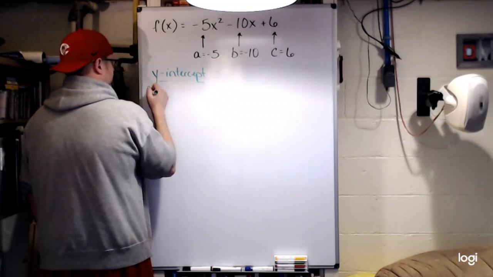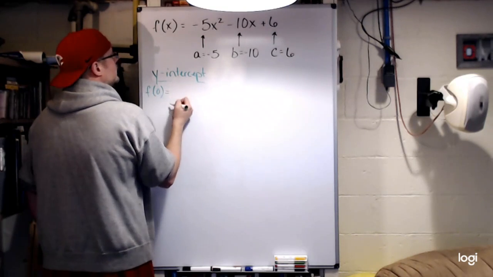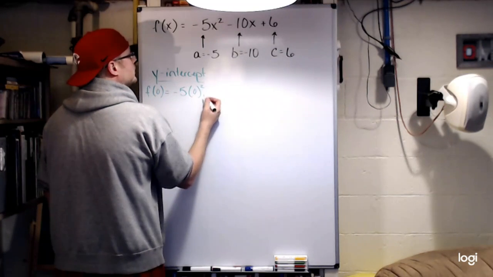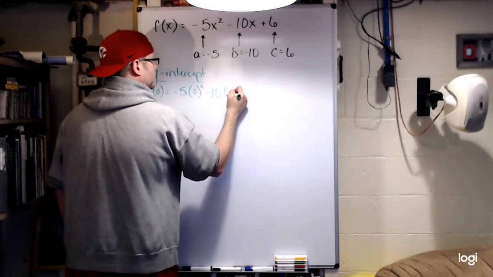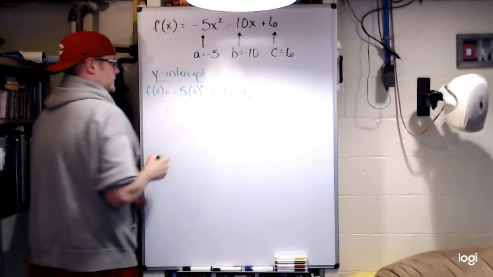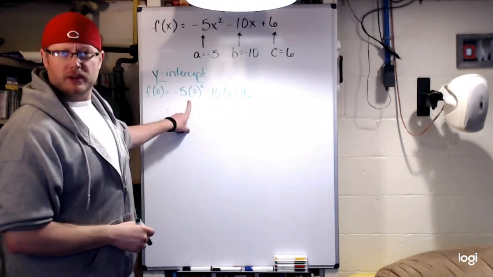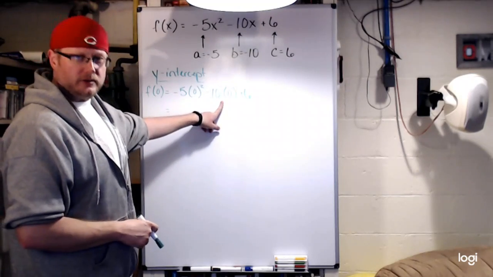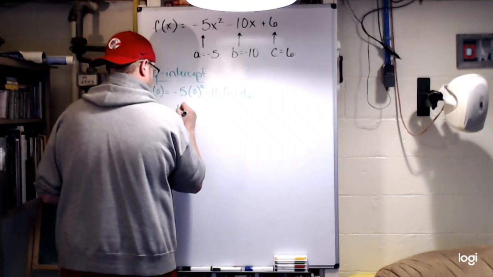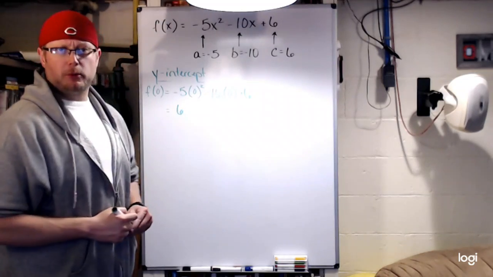So it's going to be f of 0 equals negative 5 times 0 squared minus 10 times 0 plus 6. This is going to give us 0. This is going to give us 0. So we're just left with 6, right? So your y-intercept will be at 6.